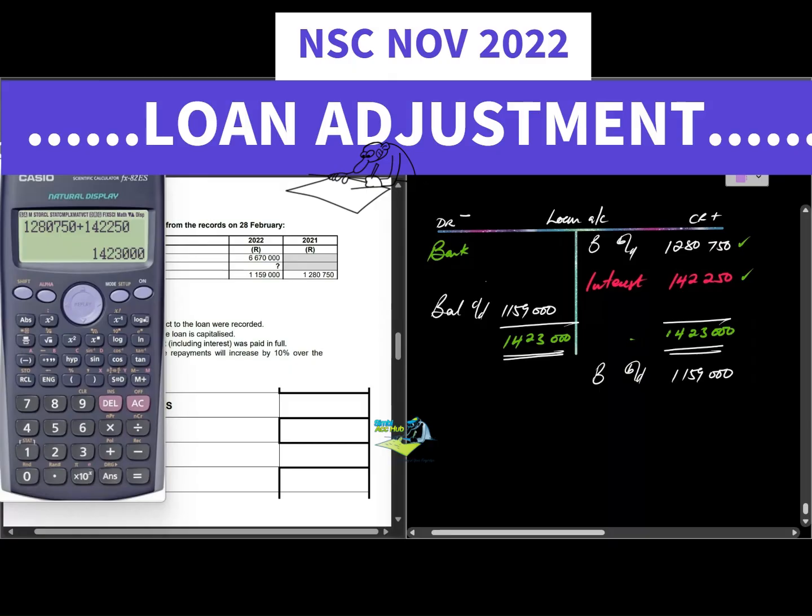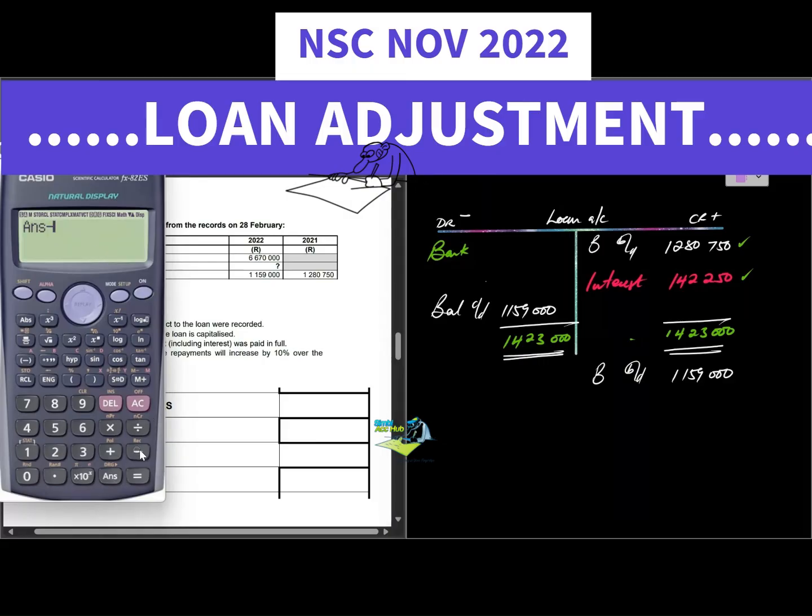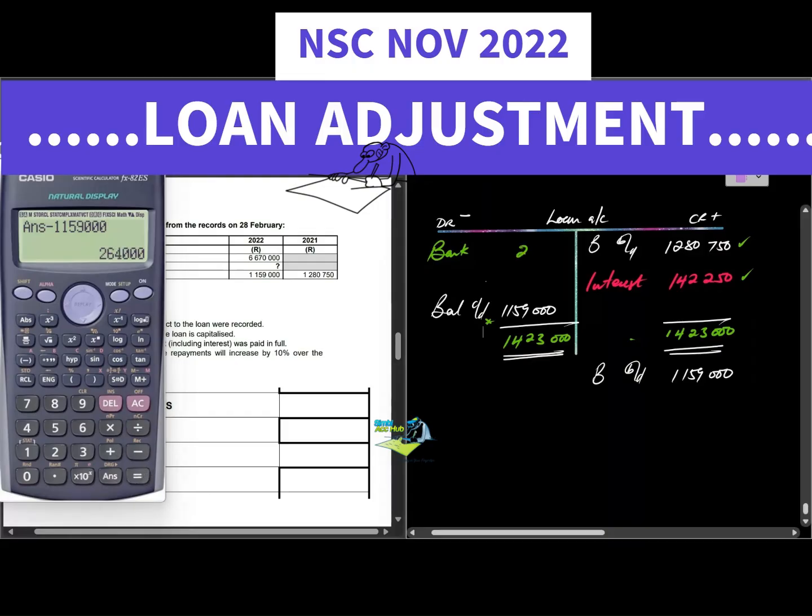So we're back again here, 1,423,000. To get the amount that was paid, I'll simply say the 1,423,000 minus the balance carried down here, which is the 1,159,000. That will give me 264,000. So the 264,000 is my total payments. But I know that in the 264,000, I paid for two things.